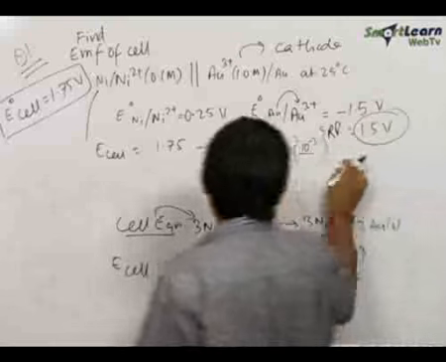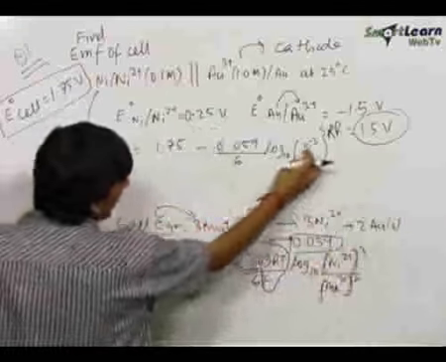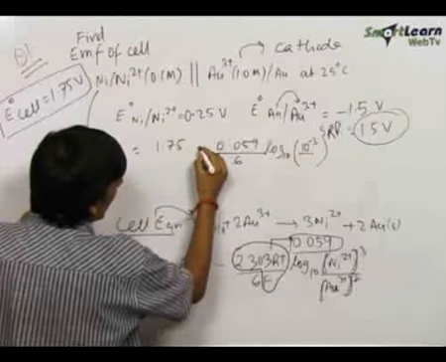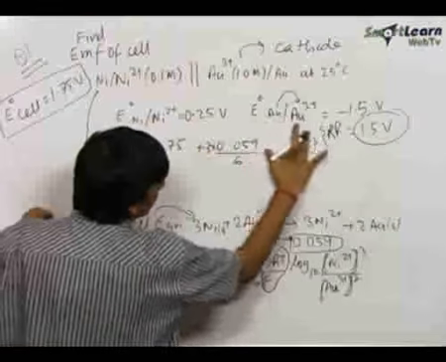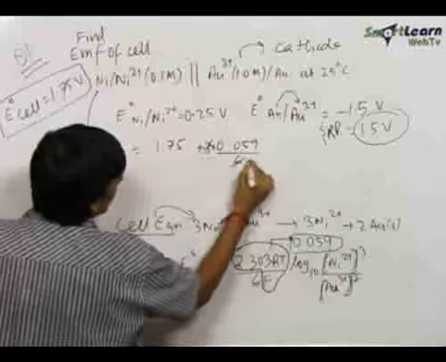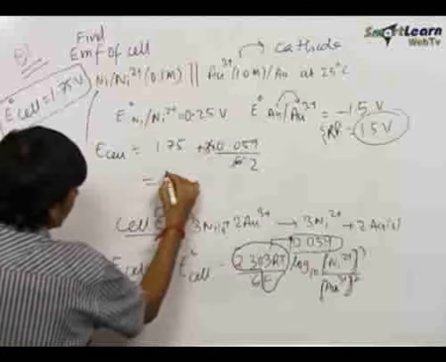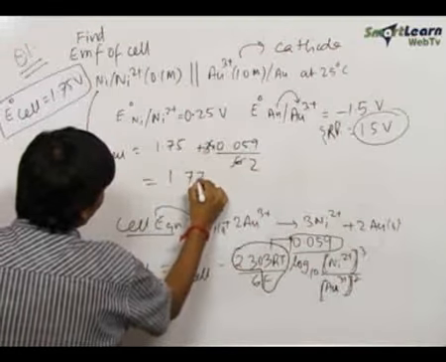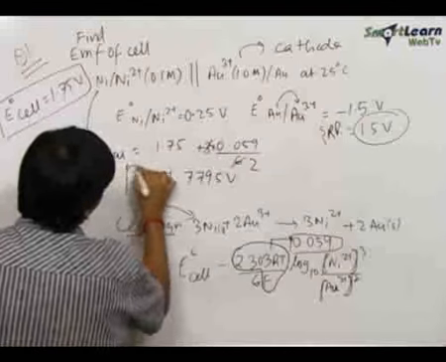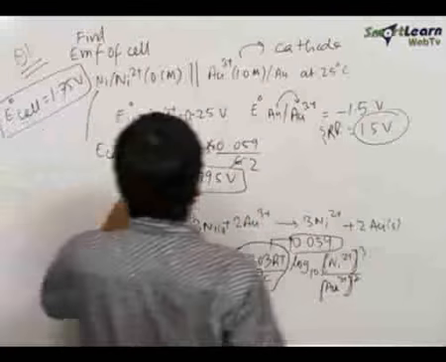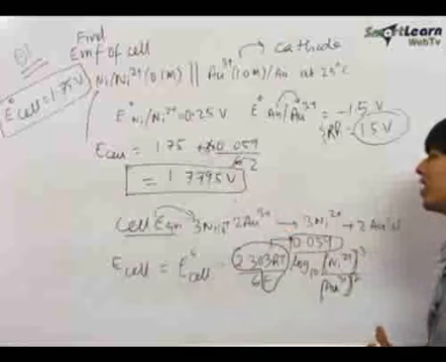Therefore we write 10 raised to minus 3 over here. Therefore minus 3 comes outside and we get plus 3 into this quantity. So the final answer for E cell comes out to be 1.7795 volts.